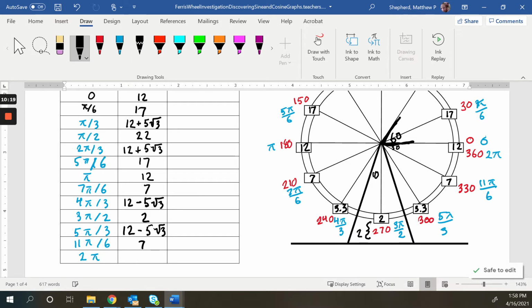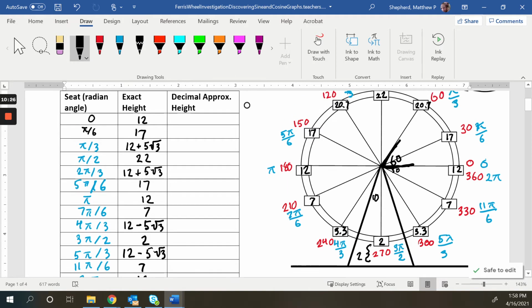Then we're back up at 7, and then we've come all the way back fully around the Ferris wheel, and we are back at 12. A lot of these are just going to be the exact same numbers, except for where we got the 5 square root 3. We're going to approximate it to 1 decimal point. 12 minus 5 square root 3.